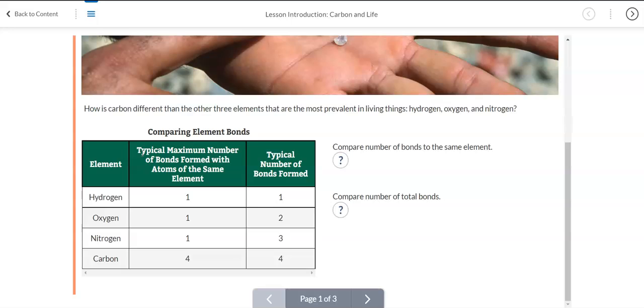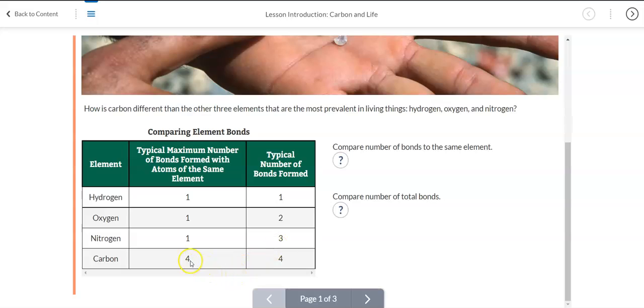So hydrogen atoms can form 1 bond. Oxygen atoms can form 1 bond with other oxygen atoms, but they can typically form 2 bonds if it's some other element from the periodic table. Nitrogen can form 1 bond with another nitrogen atom, but if nitrogen is bonding with other elements from the periodic table, it can form 3 bonds.